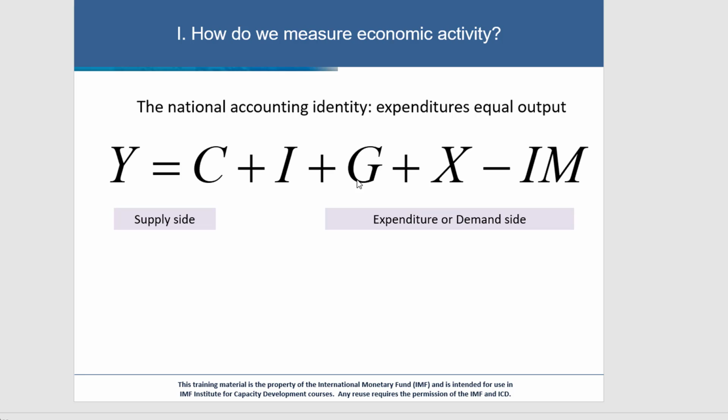We can talk about government, which we will be covering in the fiscal sector, and this is going to be government spending on consumption and government spending on investment, government consumption, government investment. Then we have the foreign sector here, so we have everything that we sell to our trading partners. We call those exports, minus everything that we purchase from our trading partners, which is imports.